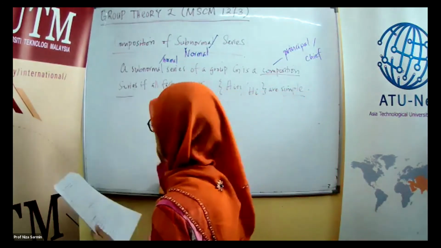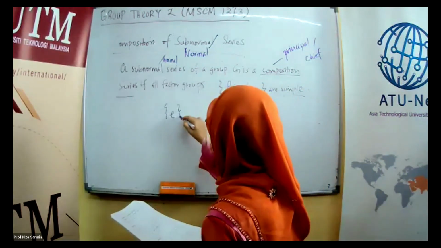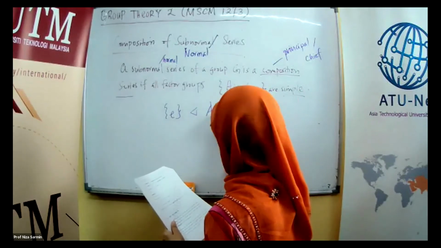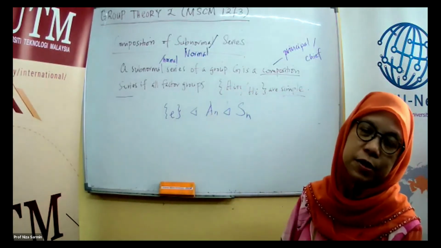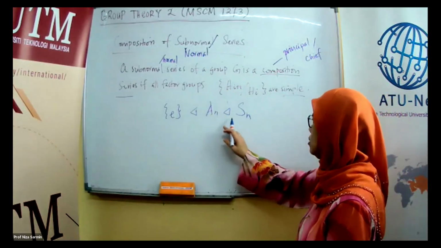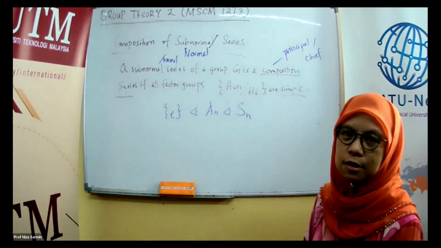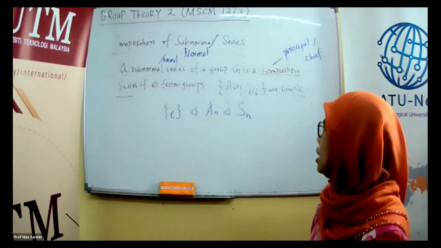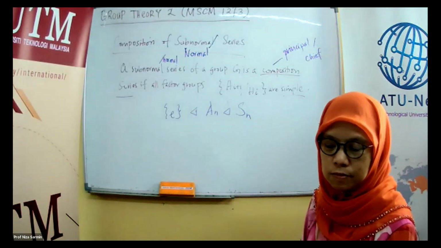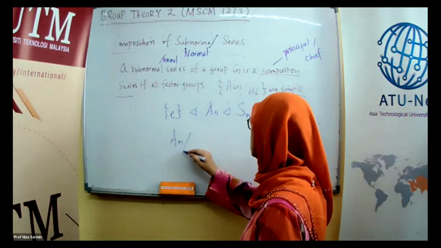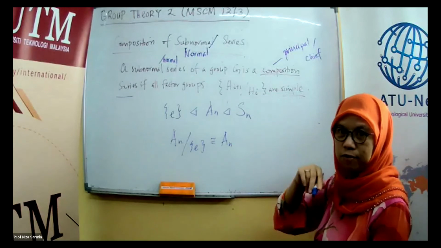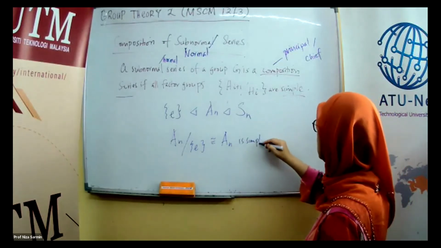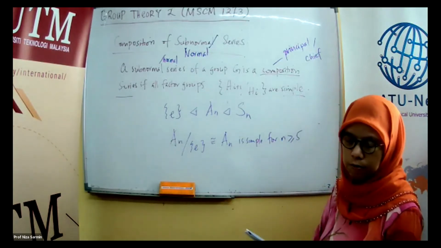Okay, now example. This is a group Sn. My very simple question: why is An normal in Sn? Because the index is 2. Okay, so this is a normal series. What are the factor groups? So you look at this. This is isomorphic to An, and by that previous one, I mentioned that this is simple for n bigger or equal to 5.